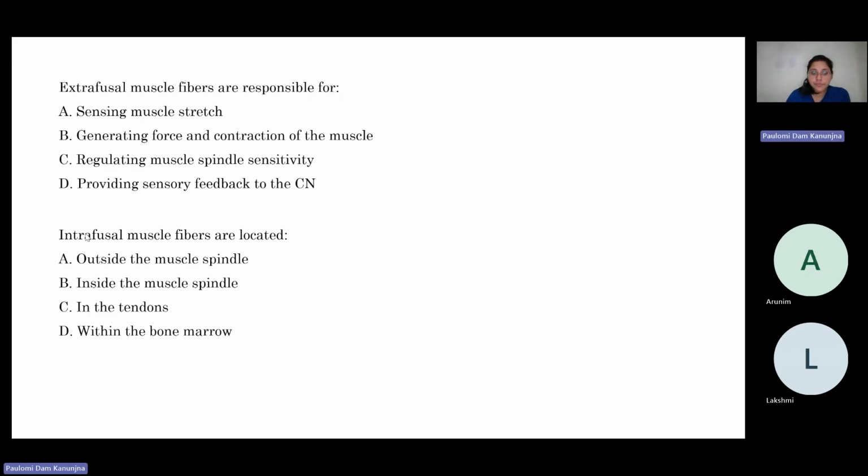Any idea? Okay. Anyone else? Okay, so I think we are already one hour into the session.